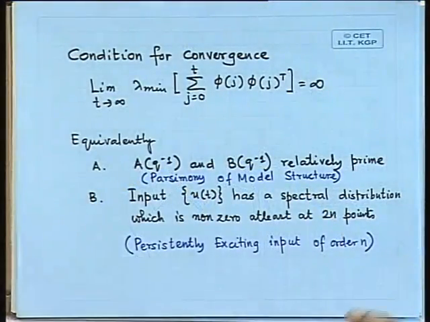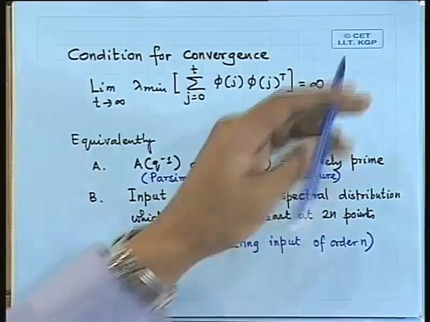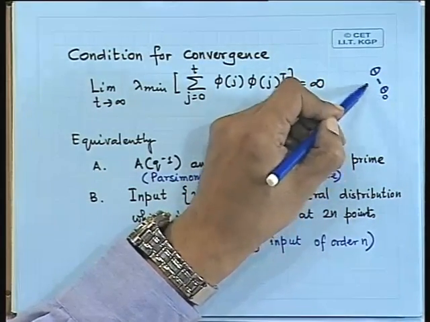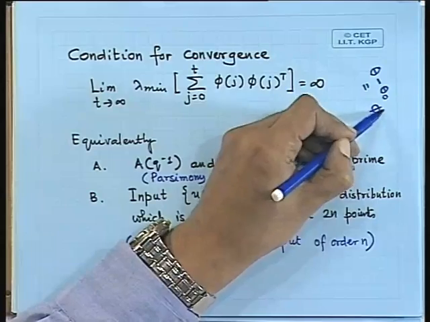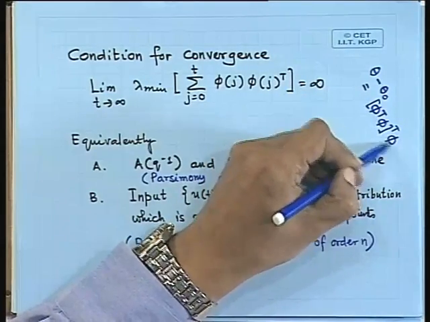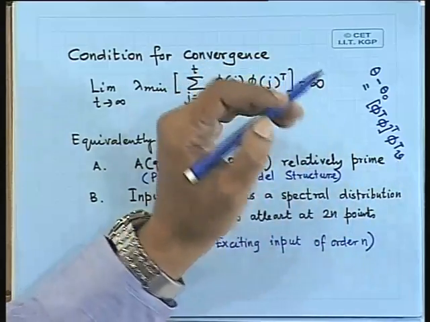You will perhaps recall that we had noted that the parameter error theta minus theta naught was given as something like (phi transpose phi) inverse phi transpose v, where v is the noise.